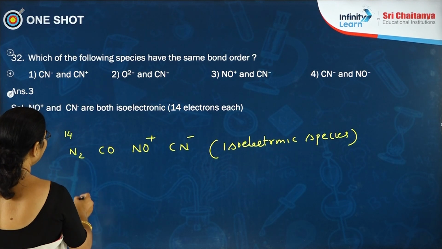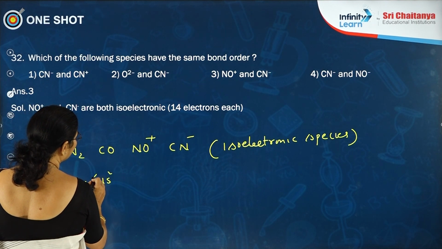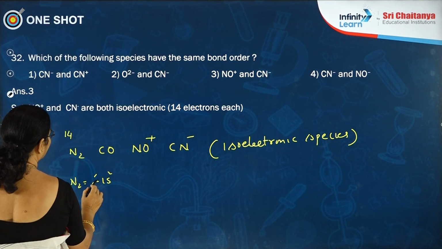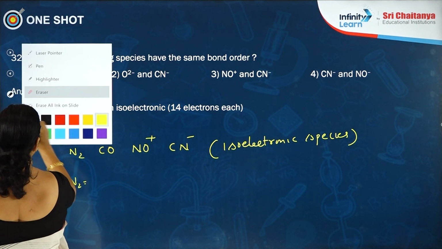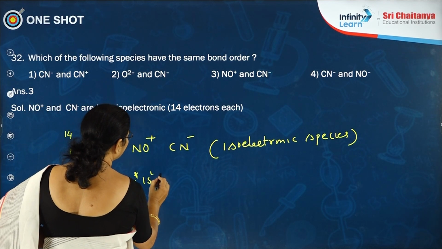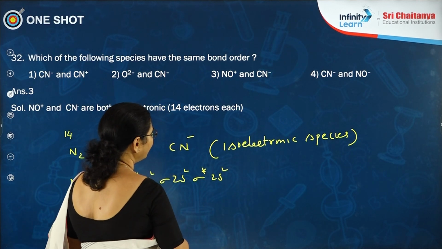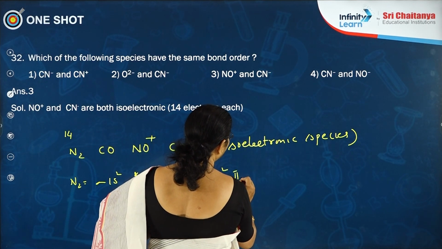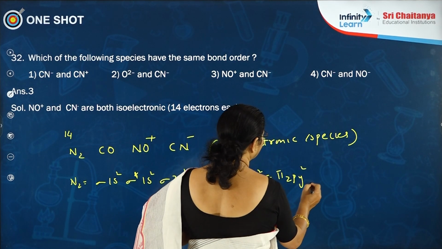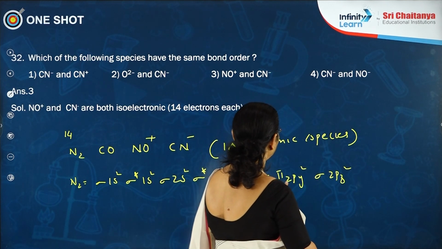So, for example, the N2 molecule: sigma 1s2, sigma star 1s2, sigma 2s2, sigma star 2s2. After that pi 2px2 equal to pi 2py2, sigma 2pz2: 2, 4, 6, 8, 10, 12, 14.